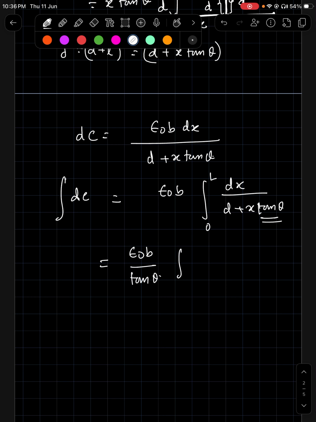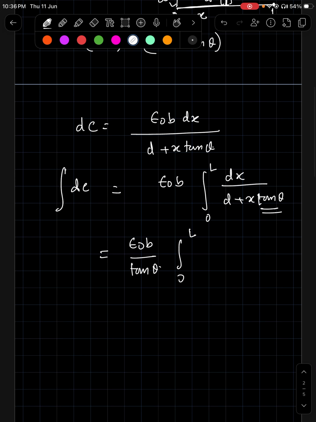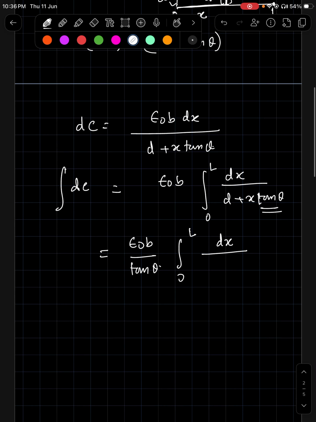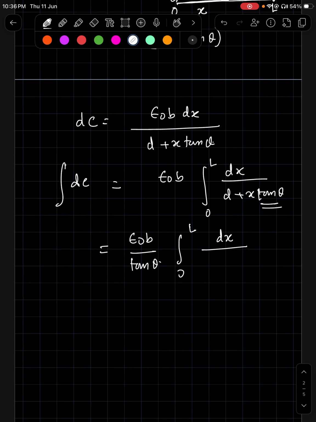It does not hamper the calculation because theta cannot be 0, by the very definition of the wedge capacitor. So dx over x plus d by tan theta.